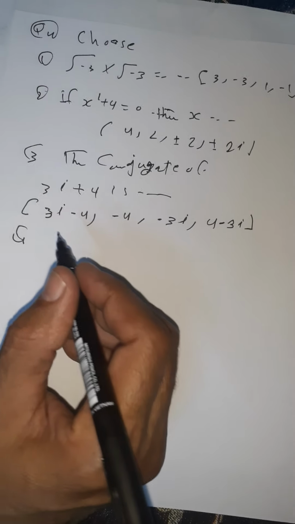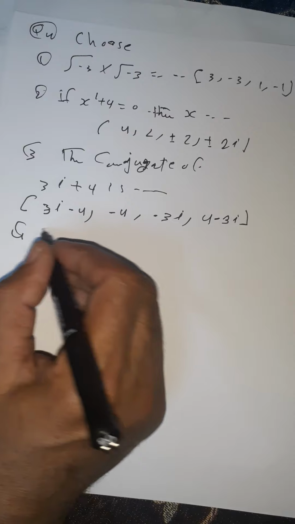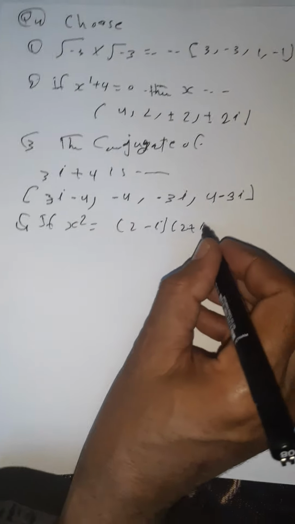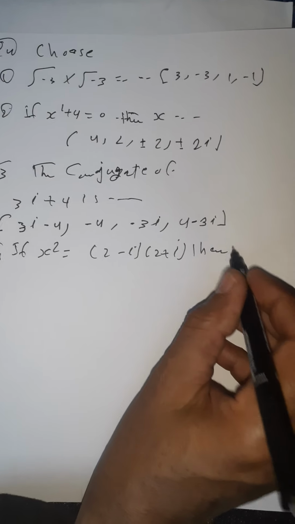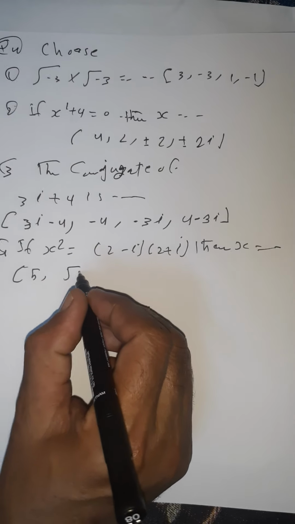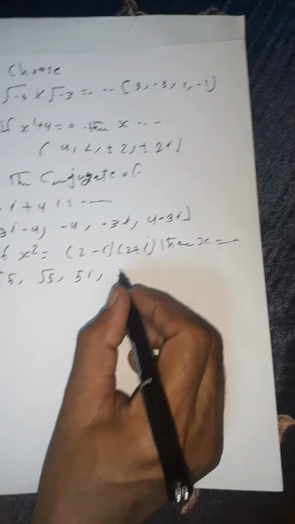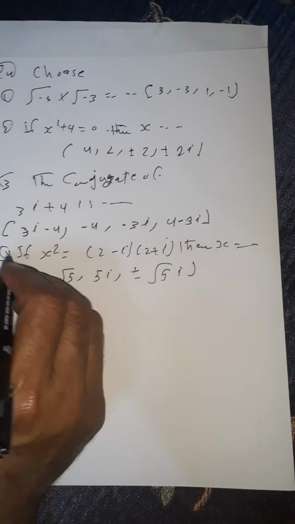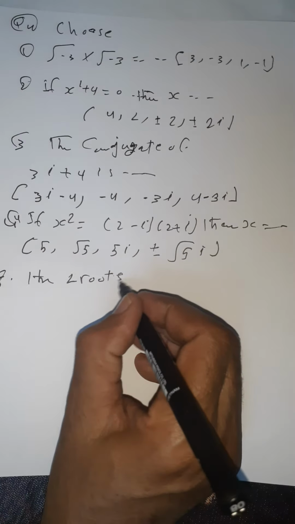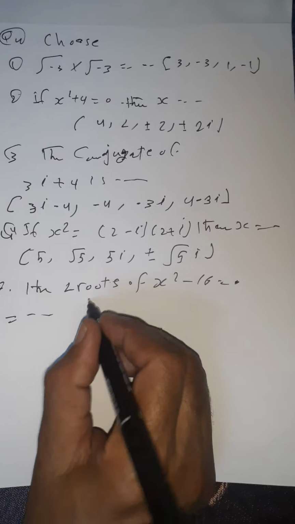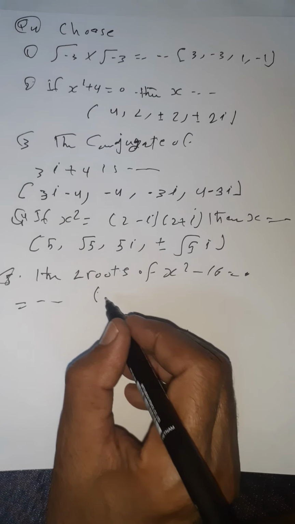Number 4, if x power 2 equals 2 minus I times 2 plus I, then x equals square root 5 or 5I or positive or negative square root 5. Number 5, the two roots of x power 2 minus 16 equals 0, choose between positive or negative 4.